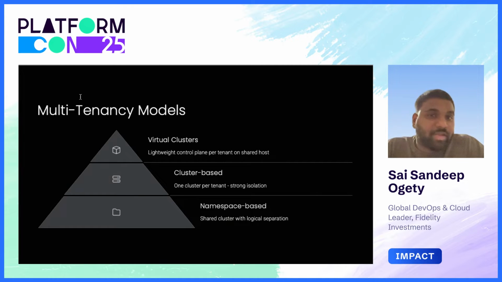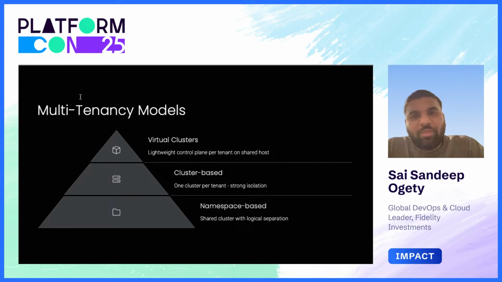The other model is the virtual cluster. Tools I have used in the past, like vCluster or Loft, spin up lightweight tenant-specific control planes inside a host cluster.